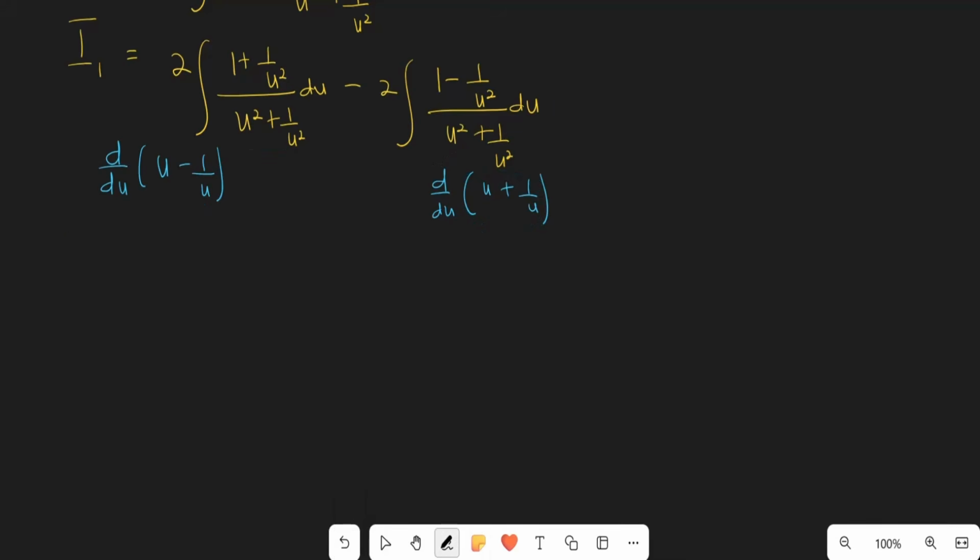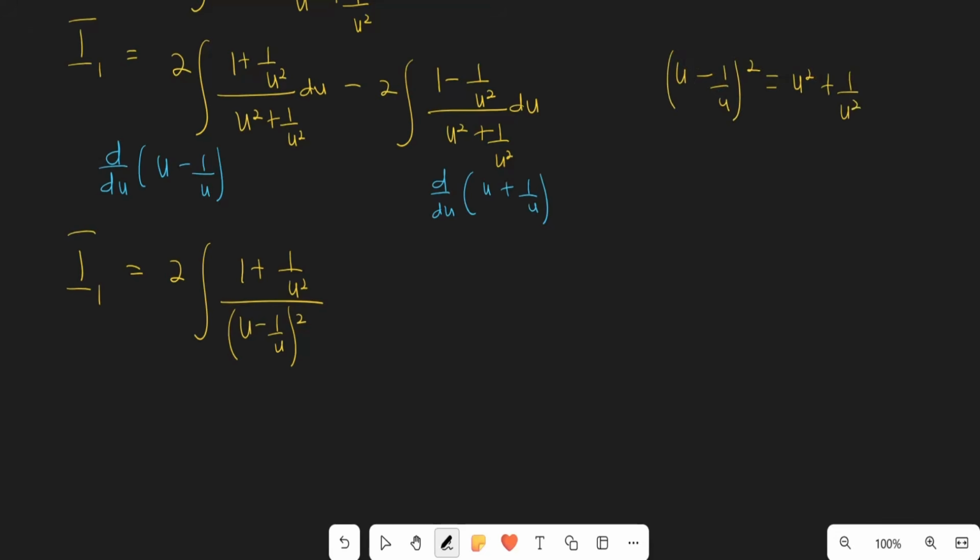So here the integral I1 is going to be 2 times the integral of (1 plus 1 over u squared) all over, because I want something like this, right? That is going to be (u minus 1 over u), and I'm going to square all that. So when I look at this, (u minus 1 over u) all squared is the same as u squared, we are foiling that, plus 1 over u squared and then minus 2, right?